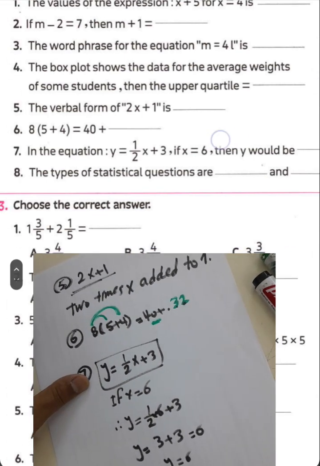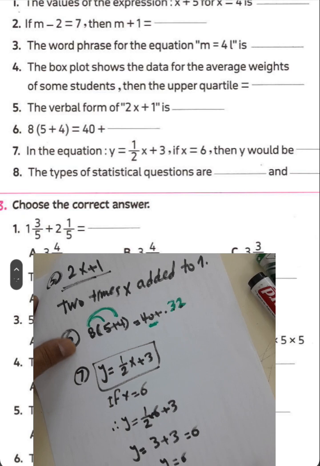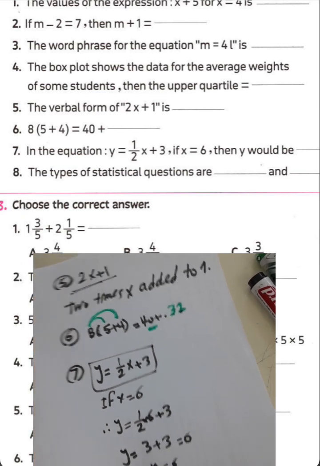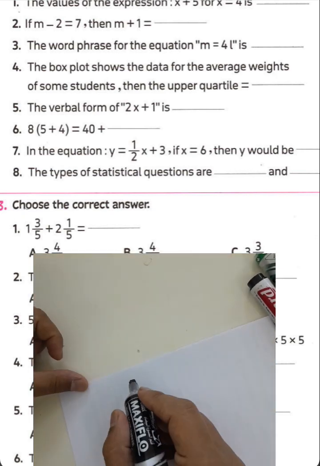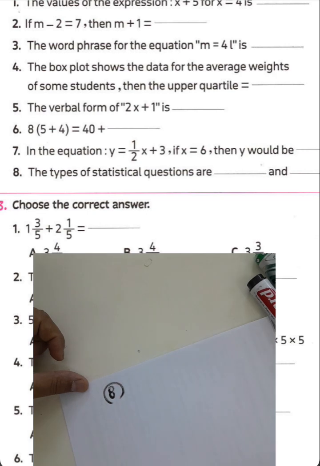Question 8. The types of statistical equations are numerical and categorical.